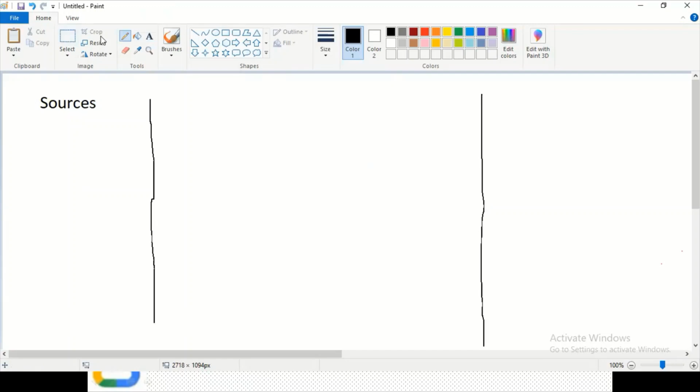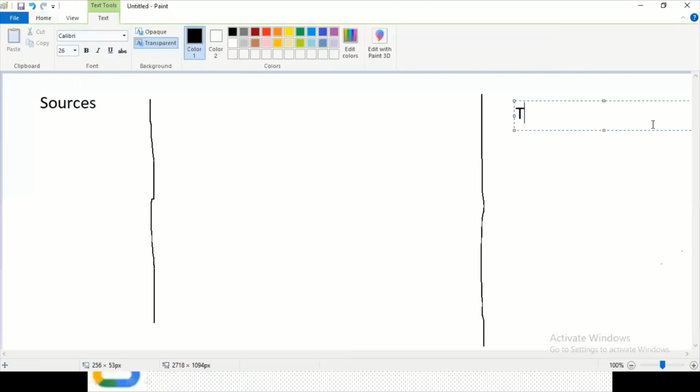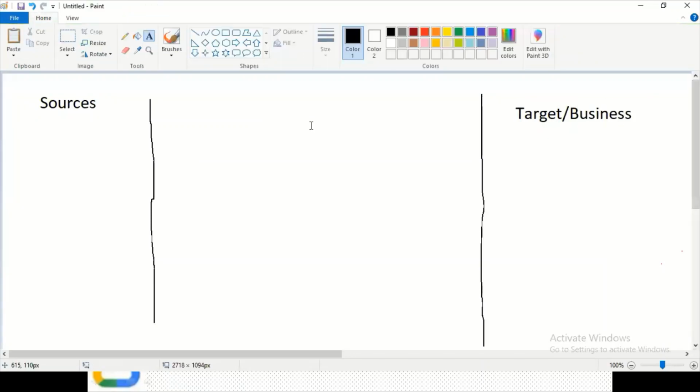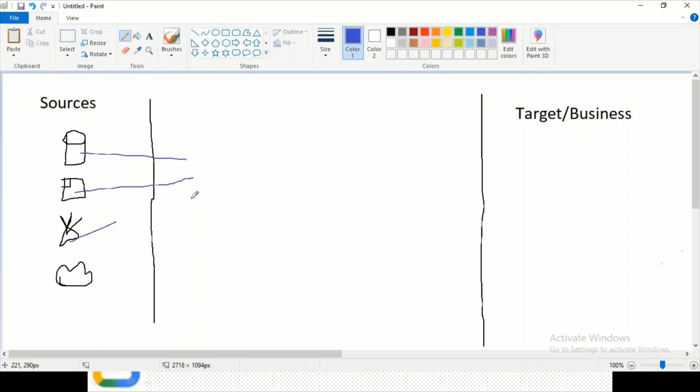On the right side are the target people, or the business. Here, source systems are there: databases, folders, file systems, IoT systems, sensors, maybe other cloud systems. From these systems, as a data engineer, we collect the data. While collecting data, the way will change based on the source system.